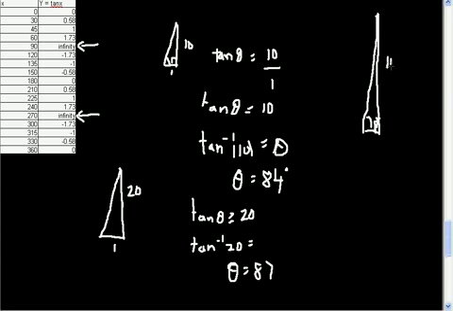This could be 100 units, and this would be 1. So tan theta is equal to 100, and tan inverse of 100 would be 89.4. If I continue to do this, it would approach close to 90. As the ratio between the opposite and the adjacent approaches infinity, it's almost 90 degrees.